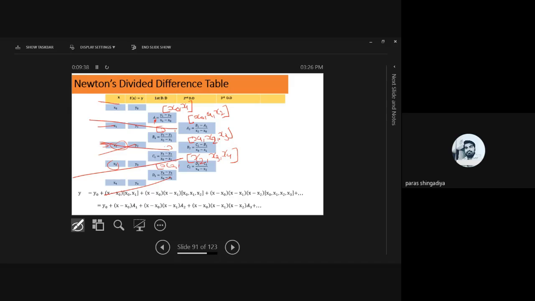By using these 3 answers, we can predict 2 more answers, the third divided difference. So what will be the next answer?